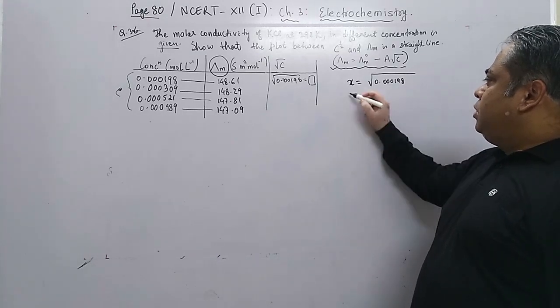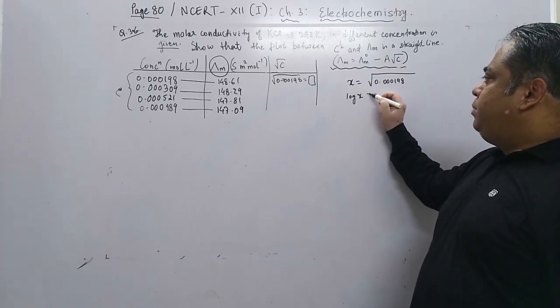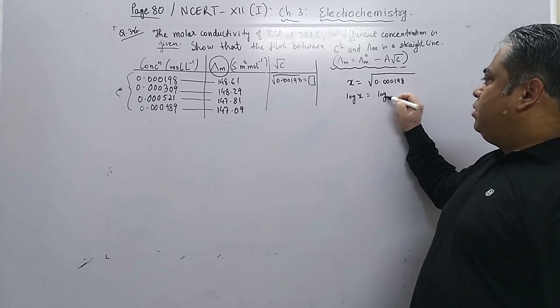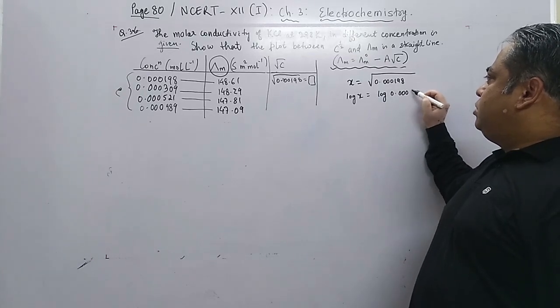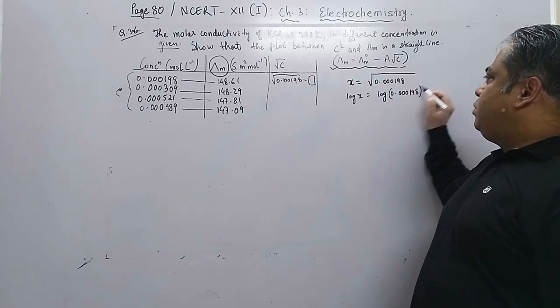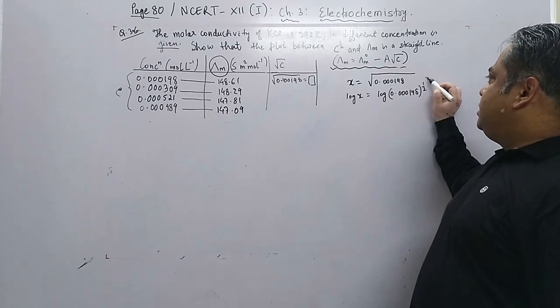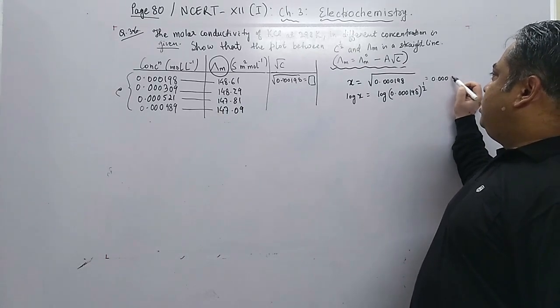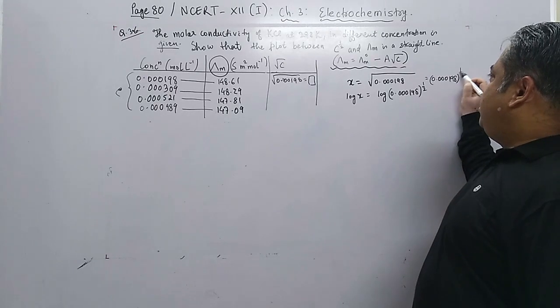So log x will be equal to log of 0.000198 to the power 1 by 2, because this is nothing but 0.000198 to the power 1 by 2.